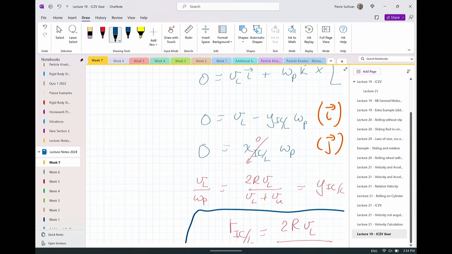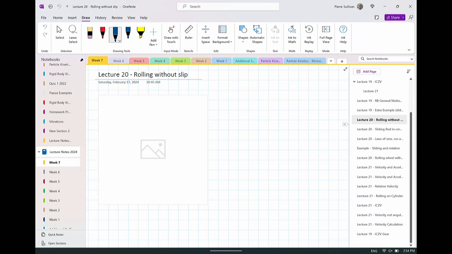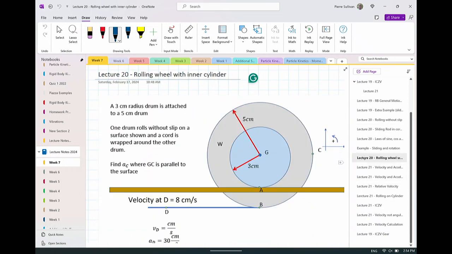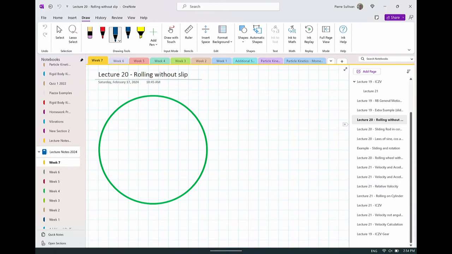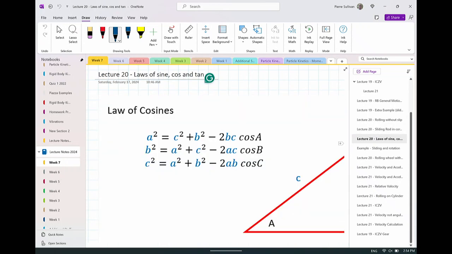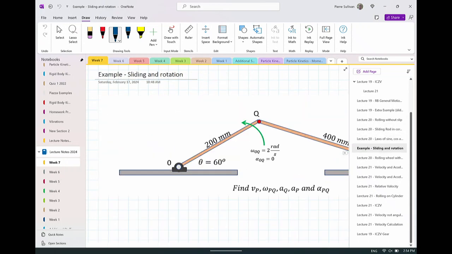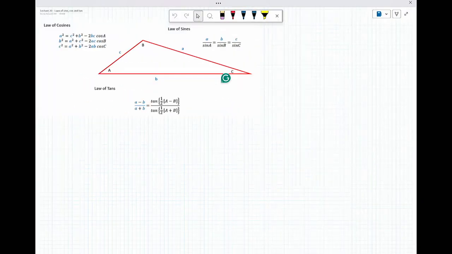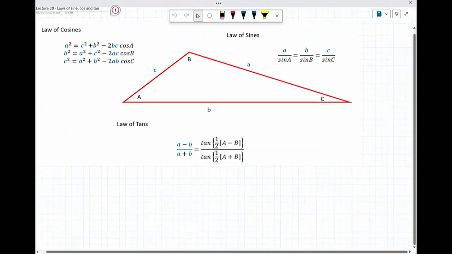Let's do one more with rolling without slip. Just as an aside, you know this already.